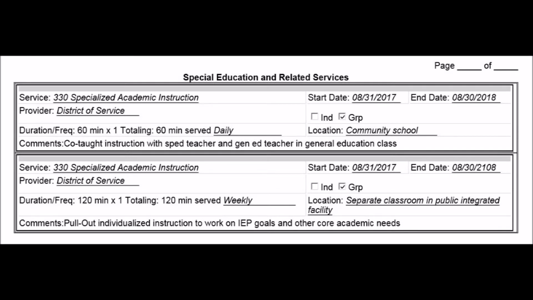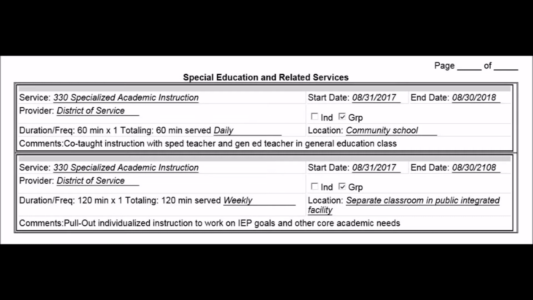The Specialized Education and Related Services section lists the minutes of services provided by the education specialist and/or a speech pathologist, counselor, or occupational therapist, if that student were to receive those services. Here, Jane receives a total of 60 minutes of specialized academic instruction in a co-taught model general education class on a daily basis.